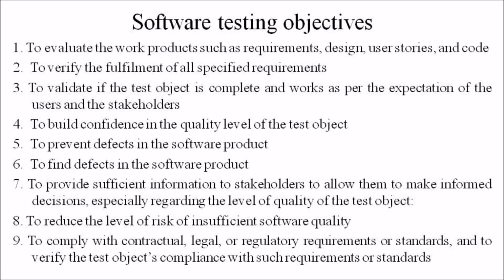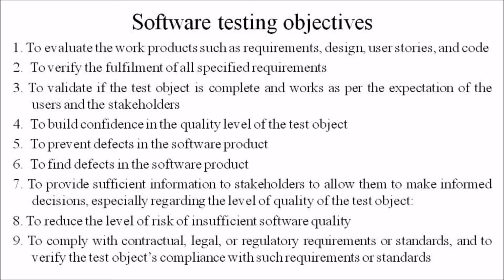So as we discussed, there are 9 major objectives. First, to evaluate the work product such as requirement, design, user stories, and code. Secondly, to verify the fulfillment of all specified requirements. Thirdly, to validate if the test object is complete and works as per the expectation of the user. Fourth, to build confidence in the quality level of the test object. Fifth, to prevent defects in the software product.